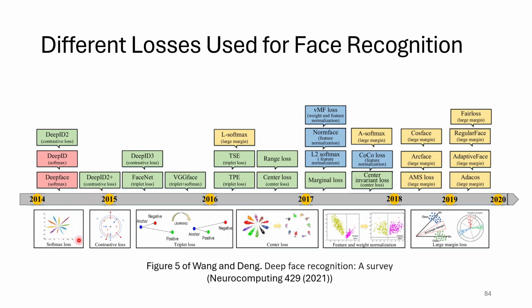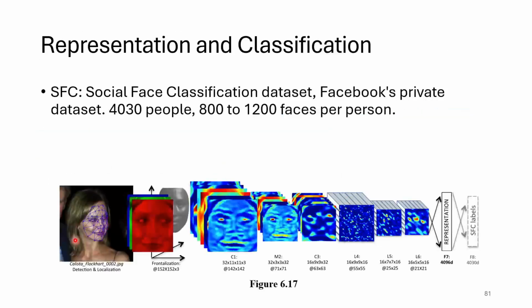In the beginning, this is the softmax loss. This is the simplest one. It means, given we will have 4,030 output values, they will convert those values into the probability of whether the face belongs to a person.